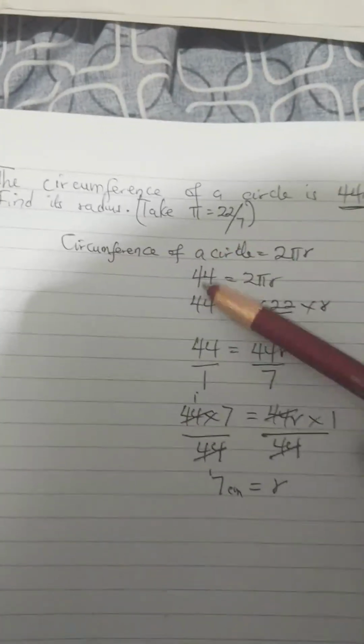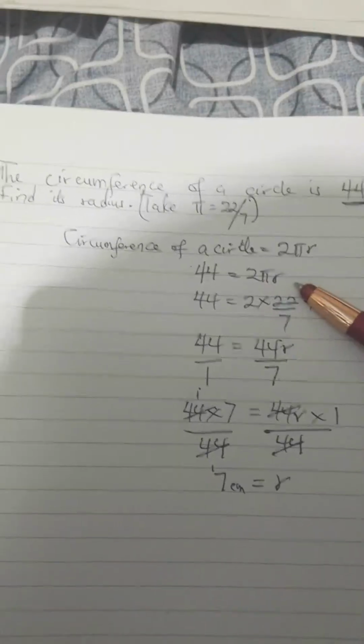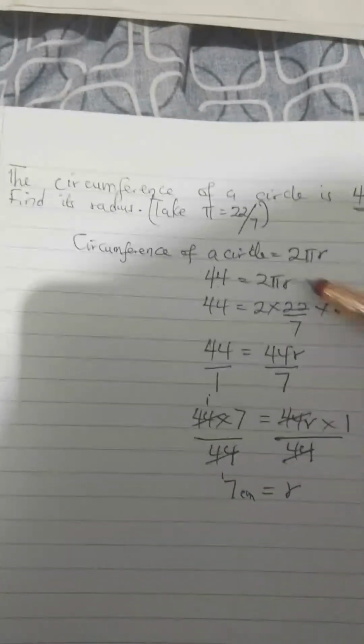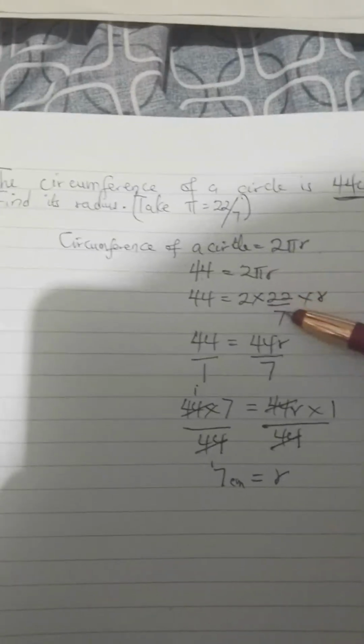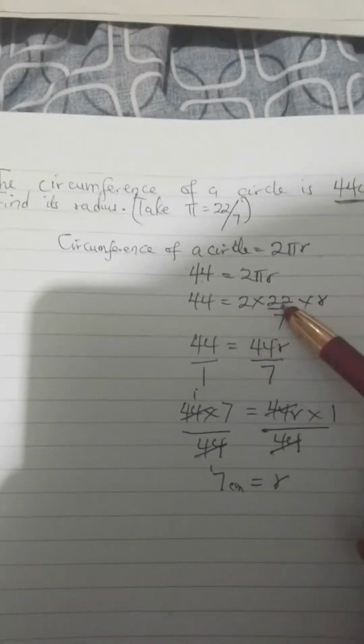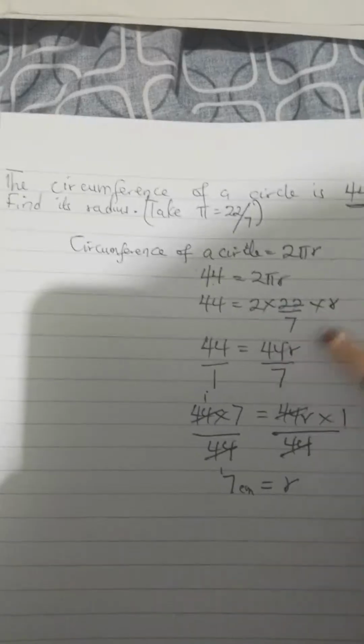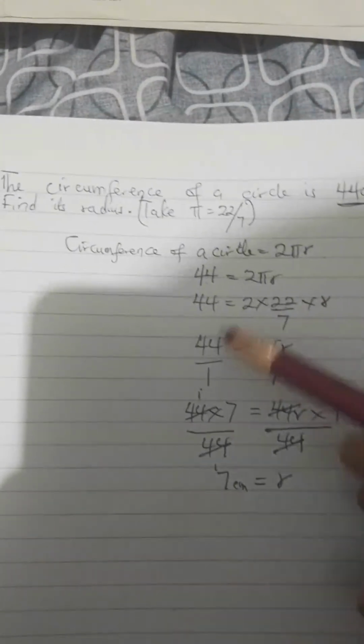So 44 equals 2 pi r. Then the pi is also given as 22 on 7, replacing the pi there. So 2 times 22 is 44, then times r, you get 44r.